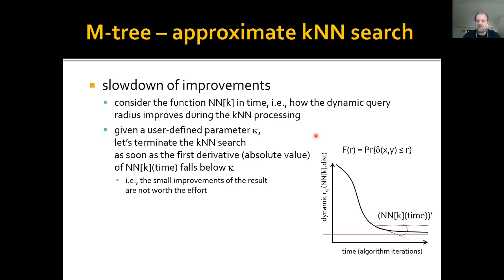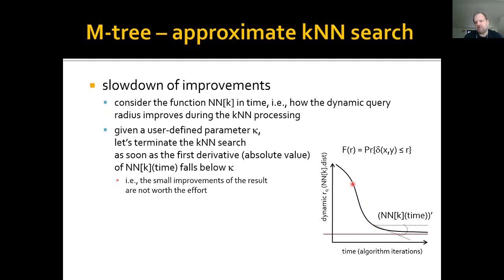And we can basically draw this updating value of the radius as a function in time. So in time we have the algorithm iterations, and the dynamic radius, which means distance in this kth entry, goes down from infinity. Of course, infinity is not here, but the first real value is here, and it somehow goes down.